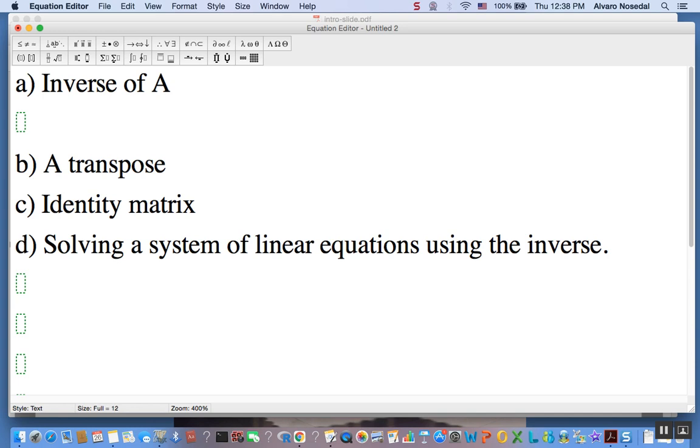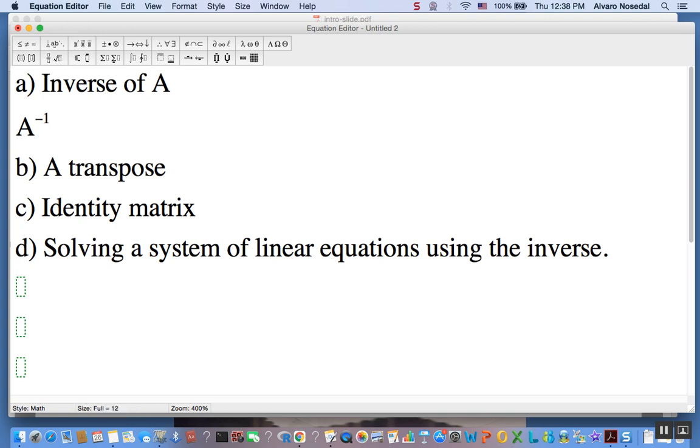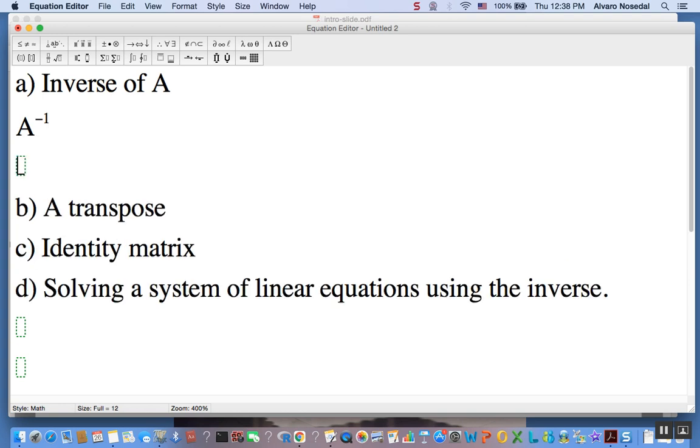So we're going to have something like this: A^-1, and we're going to read it as A inverse or the inverse of A. And as I said a couple of minutes ago, we are going to be using A inverse at the end of this video to solve a system of linear equations.